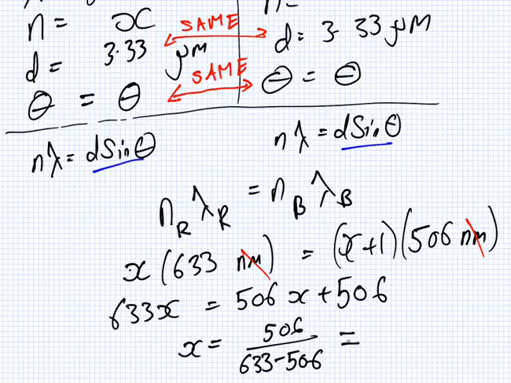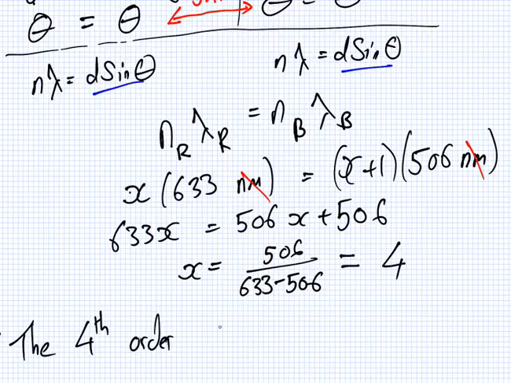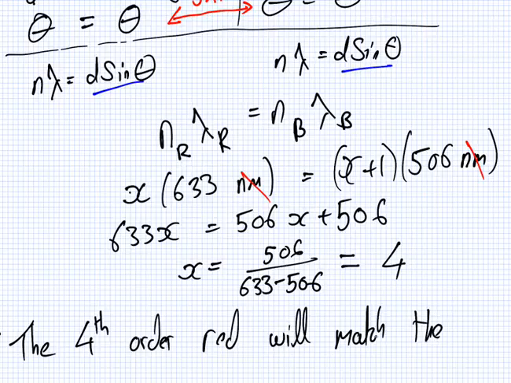Okay, so we have on the left here n lambda equals d sine theta. If I bring the d down, I get n lambda over d equals n lambda over d. The one on the left is for red, and the one on the right is for blue.